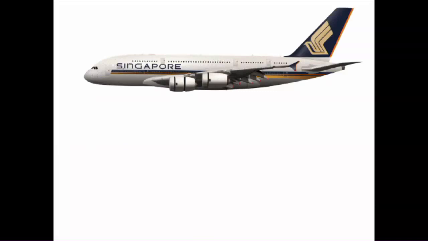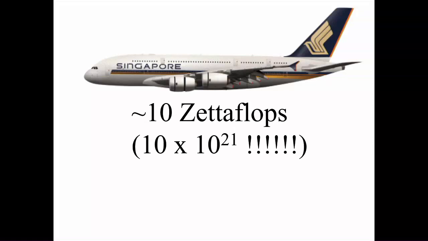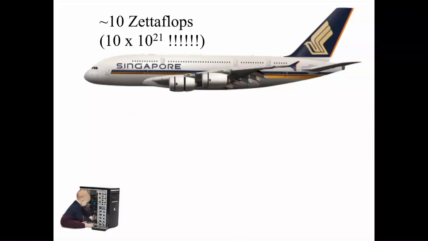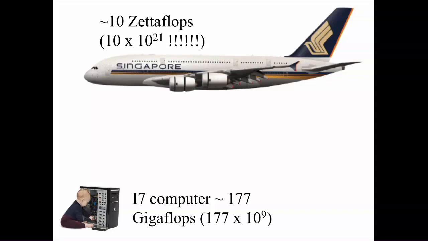If you want to simulate the whole airplane, you need a computational power of about 10 zettaflops. To put this in comparison, your desktop computer, let's say an i7 computer, is about 177 gigaflops, so about 10 to the power of 9.